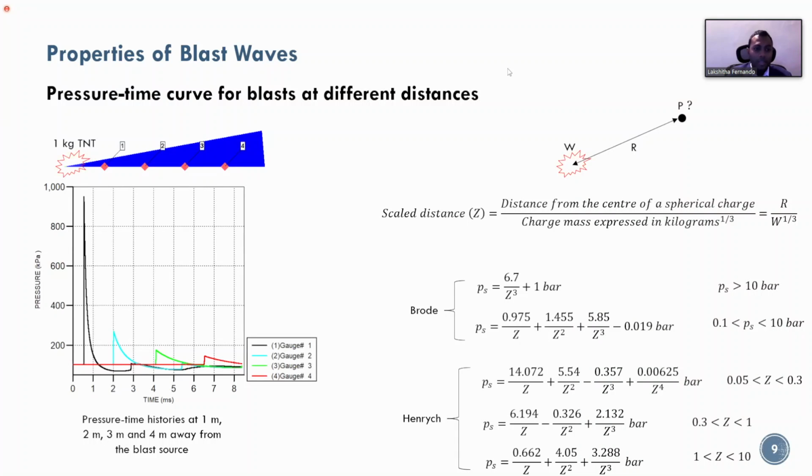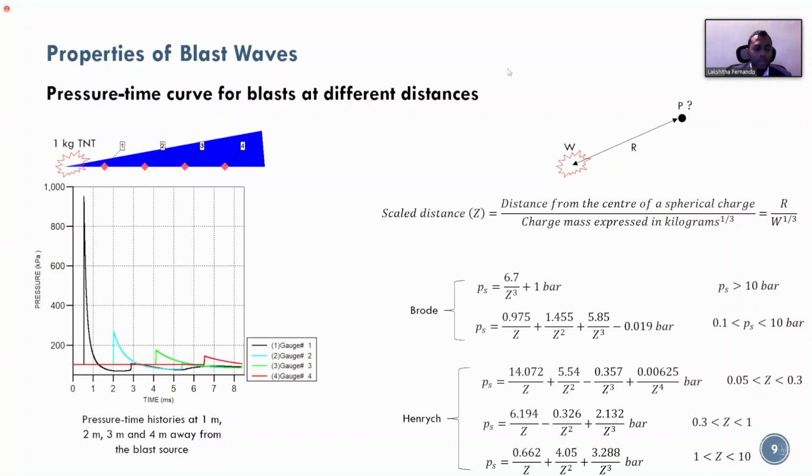So if you look at the plot on the bottom left corner, this is a result from a simulation, but it's a validated simulation. So if there's a 1 kilogram explosion of TNT, and if we measure the pressures at 1 meter intervals from the blast source, this is what you would see. So the black line corresponds to 1 meter.